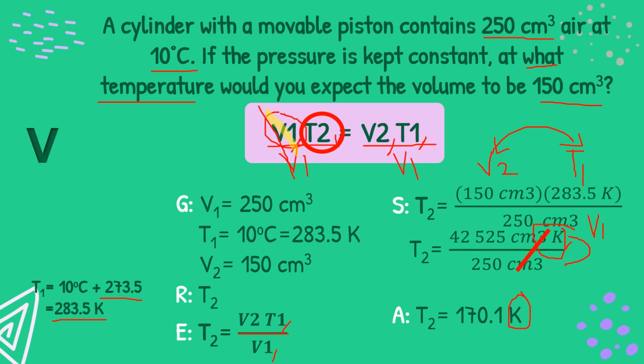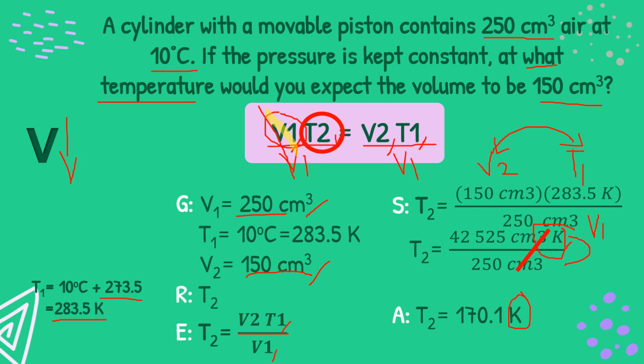Now what will happen to volume and temperature after the change? First the volume. Volume initially has 250 cubic centimeter, and after the change it has 150 cubic centimeter. As you can see, from 250 to 150, the volume decreases.